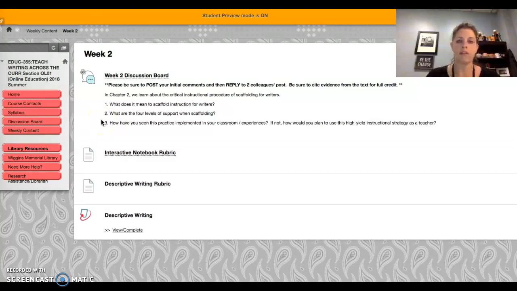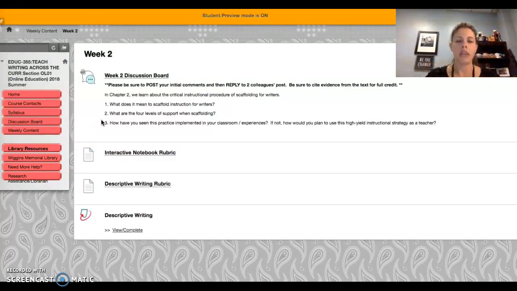If you think of this as an I do, we do, you do approach, it's a gradual release so that you are building up their stamina, their confidence, and their self-esteem in writing. If you are scaffolding, you are building in layers of support, and you're also taking away those bottom layers.